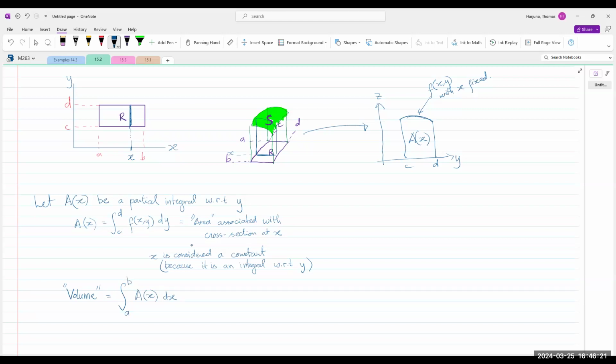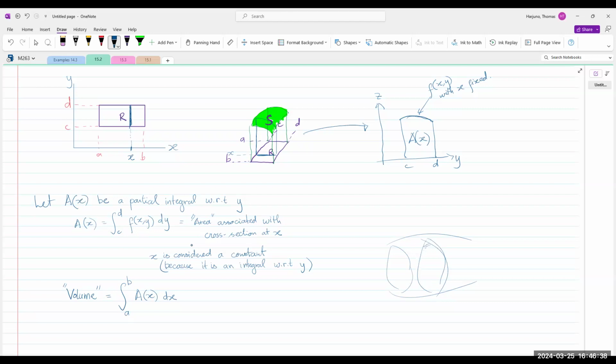If you remember, in chapter 5, the way you computed the volume of revolution, you used the disk method, right?